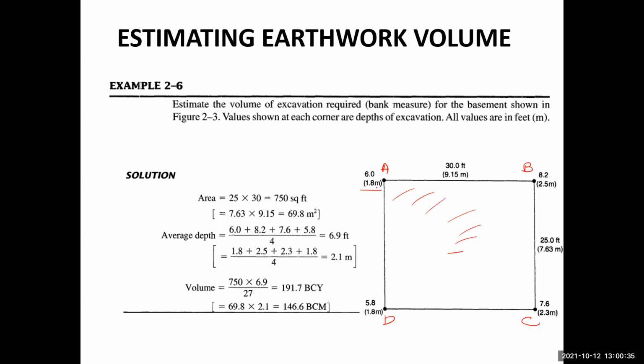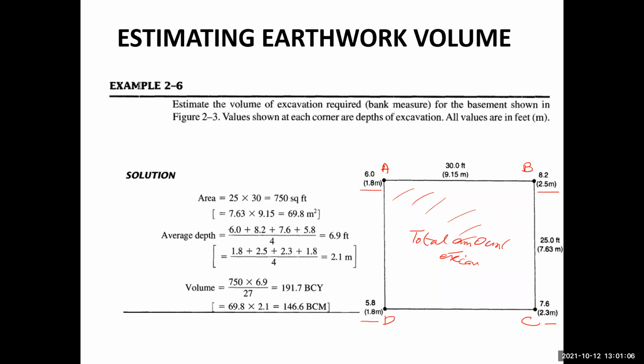At B, we need to excavate 2.5 meter deep. At C, we will need to excavate 2.3 meter deep. And at D, we will need to excavate 1.8 meter deep. So what will be the total amount excavated?